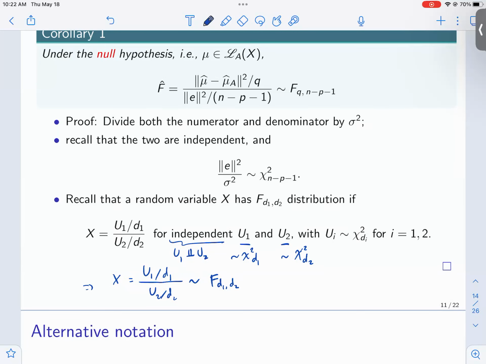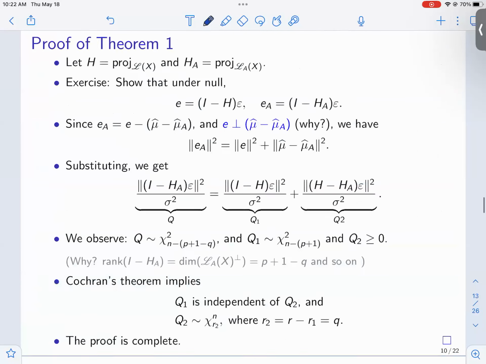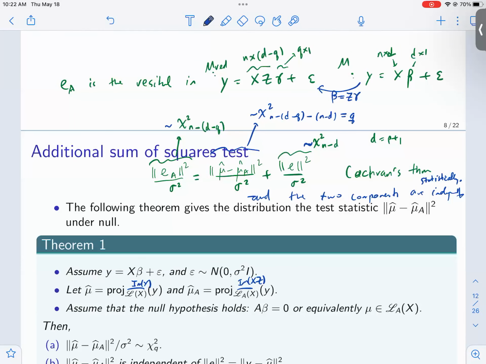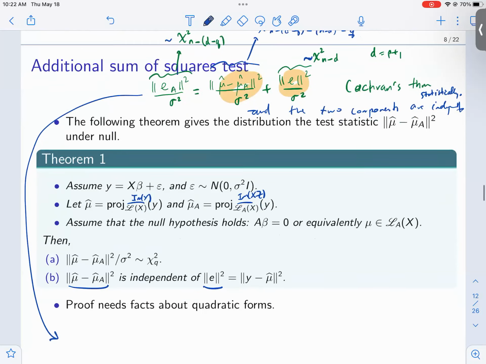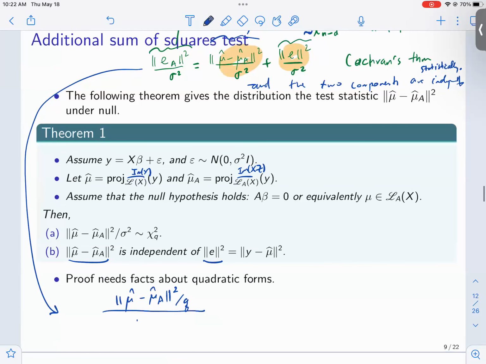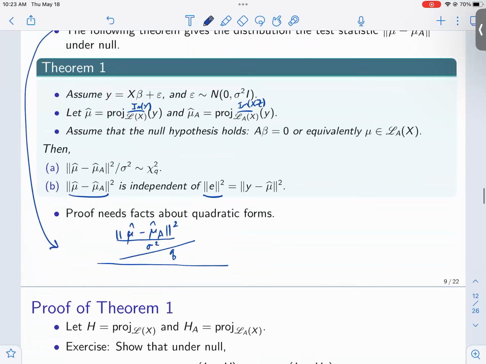If that's the case, go back up here. From this fact, since these two are independent, if I divide mu hat minus mu hat A squared, divided by sigma squared, which is chi-squared, and then further divided by Q, that's in the numerator.